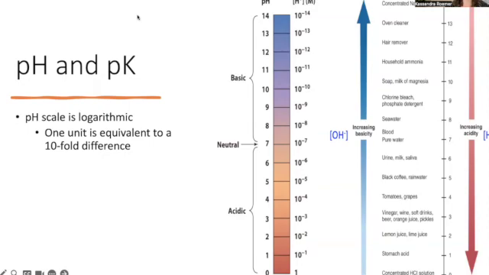The scale is also inversely related to the concentration. So the more basic or the higher the pH, that means the lower the concentration of protons, and the other way around. The more acidic, the lower the pH, the higher the concentration of protons.